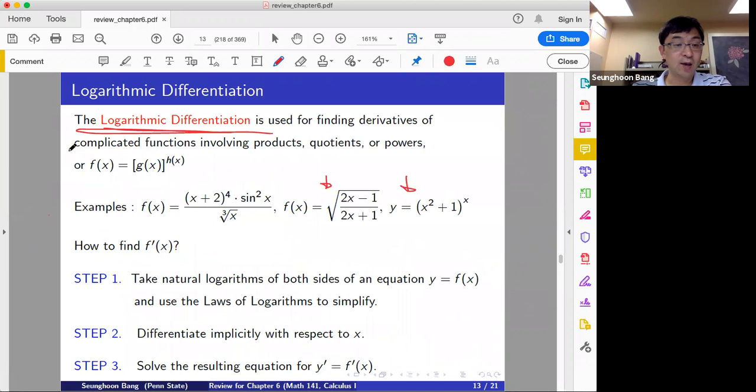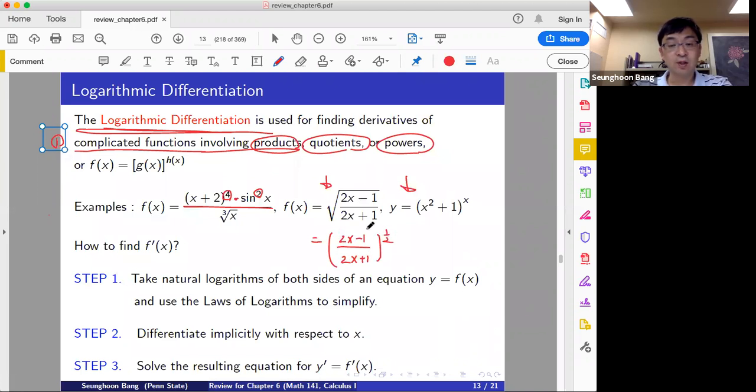Here we have case 1: complicated functions involving products, quotients, powers. For example, 2x minus 1 over 2x plus 1 to the power 1/2. This is a complicated form, with quotient and power, so you can use logarithmic differentiation.